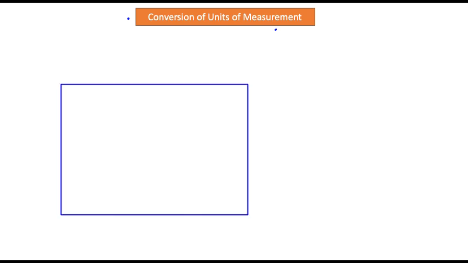So let's take another example. Let's say there is a very large field, as large as 35,000 square meters. This field belongs to a farmer, and the farmer says that it is quite difficult for me to say 35,000 square meters every single time when I am shopping for fertilizers or whatever we have, right?